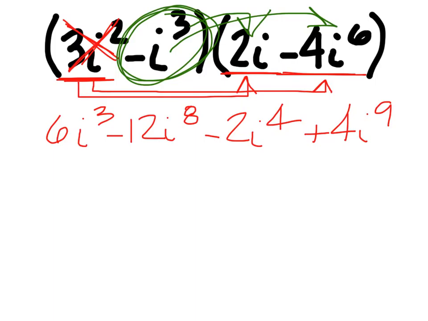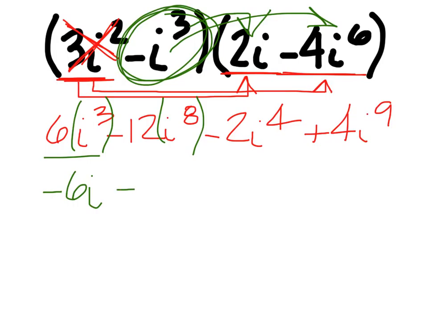So now you have to go back through and simplify each term if possible. So we'll start with this one. What is i to the third? It's a negative i. So you have negative i times 6, negative 6i. What is i to the eighth? 1 is right.